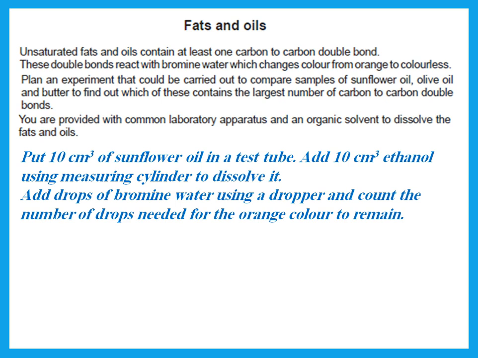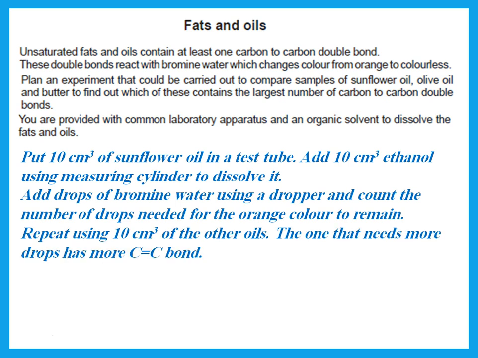When all the double bonds in the oil have reacted, then the bromine water remains in the solution, so the orange color remains. Then repeat, using the same amount of the other oils. And of course, the one that needs more drops of bromine is the one that has more carbon-carbon double bonds.